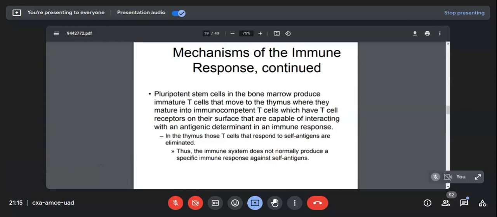Because it matures from the thymus, it is called a T cell.